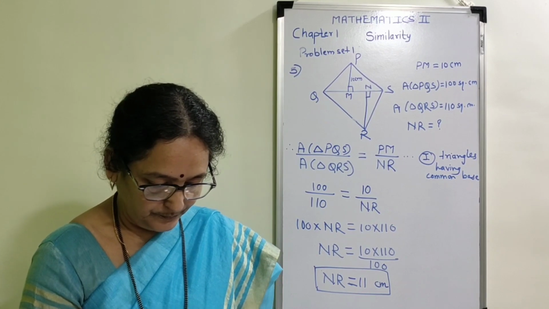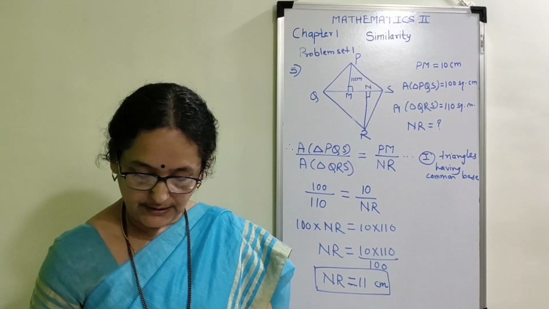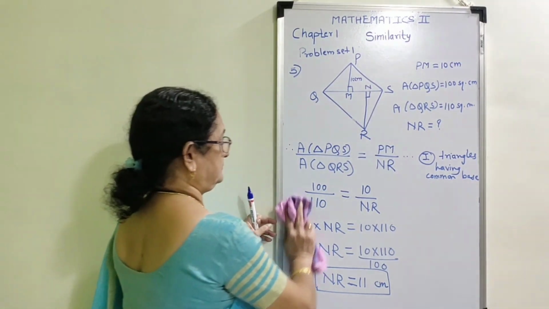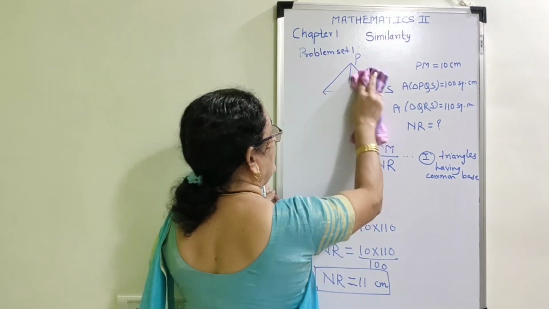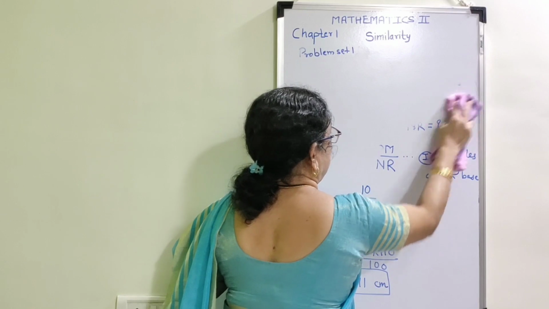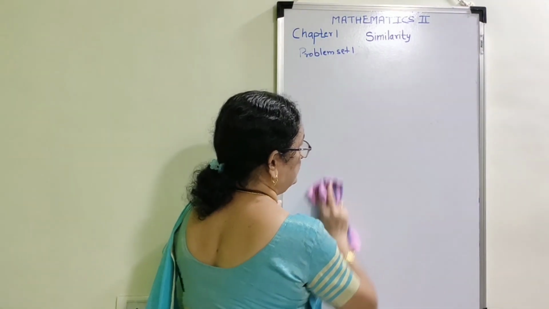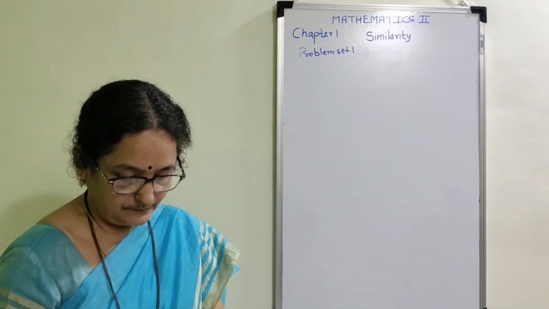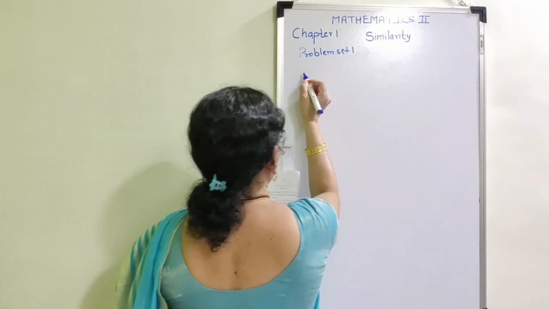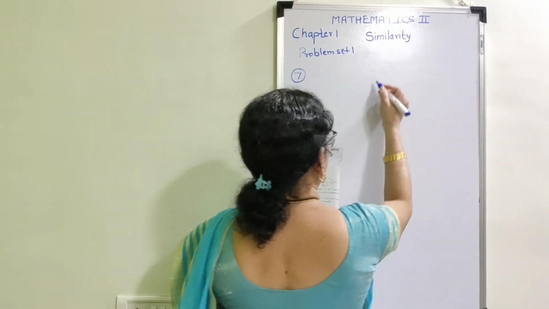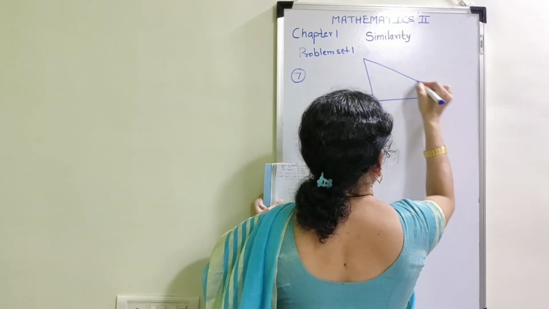Now I will take example number 7, which is based on basic proportionality theorem. Now one simple figure is given. Here also example number 7 from the same problem set. One triangle, obtuse angle triangle is given.